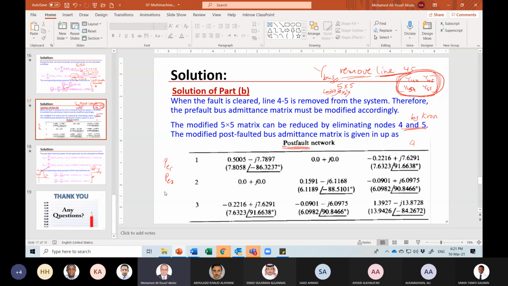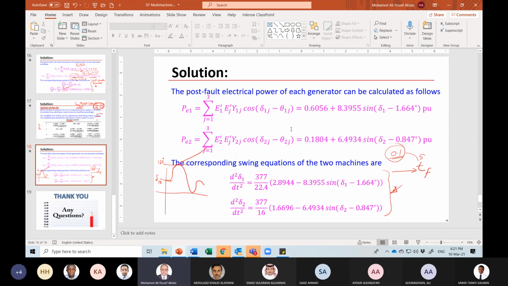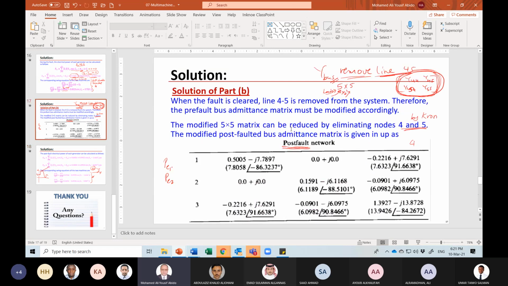Look, this is the equation here. You substitute the theta 1j, theta 1, for example, theta 1, 2, theta 1, 3. You have here theta 1. And theta 1, 2 is 0: magnitude is 0, angle is 0.